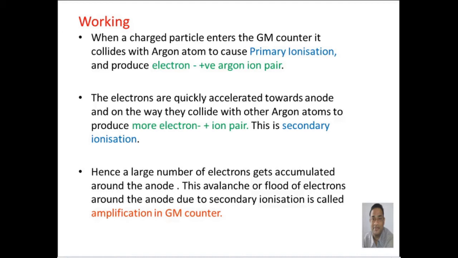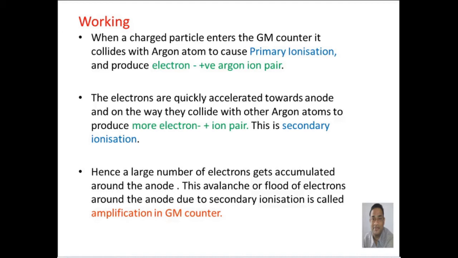In the second case, the electrons are moving with large velocity towards the anode. They collide with the argon atoms on the way. This also produces electron and positive ion pairs. This is secondary ionization. Hence, a large number of electrons get accumulated around the anode.